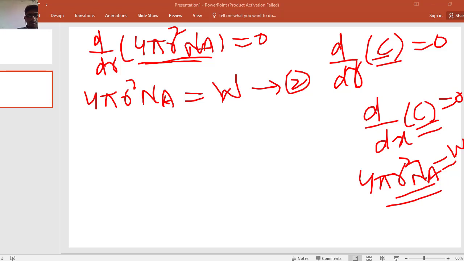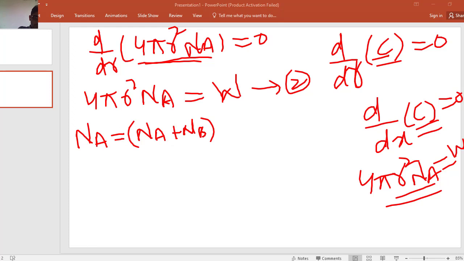Now the molar flow rate is constant, as we have already assumed. So 4 pi r square into the flux of component A is equal to W, which is a constant value, and which we have assumed in our assumptions. We also assume that component A is diffusing into non-diffusing B. So for this case the total flux will be equal to NA plus NB.